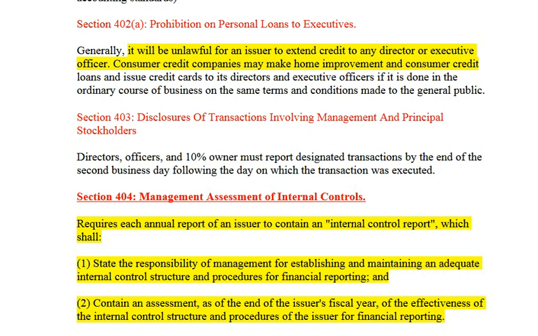A consumer credit company may make home improvement and consumer credit loans and issue credit cards to its directors and executive officers if it is done in the ordinary course of business on the same terms and conditions made to the general public.